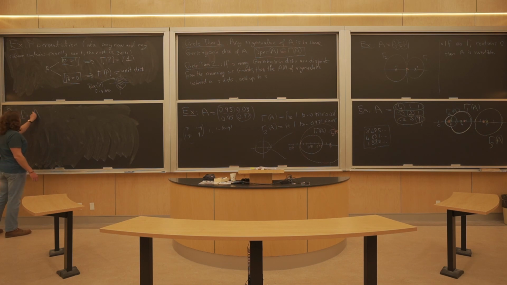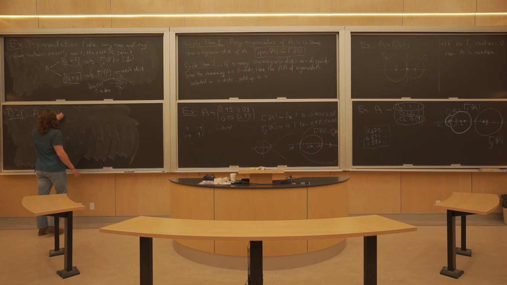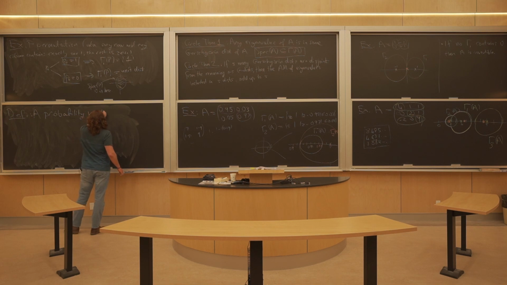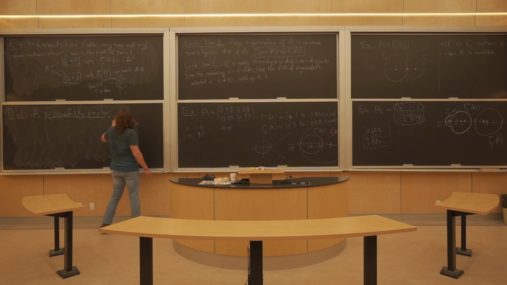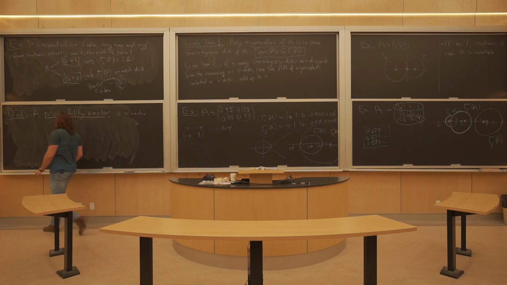A probability vector is by definition a vector, doesn't matter how many dimensions, but it has to have certain properties.